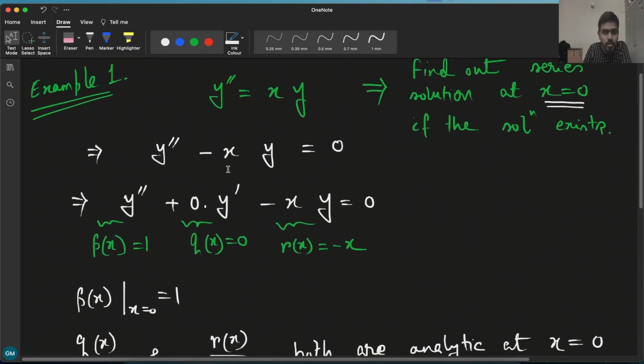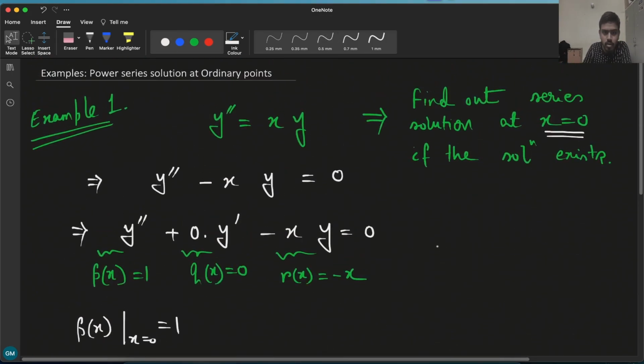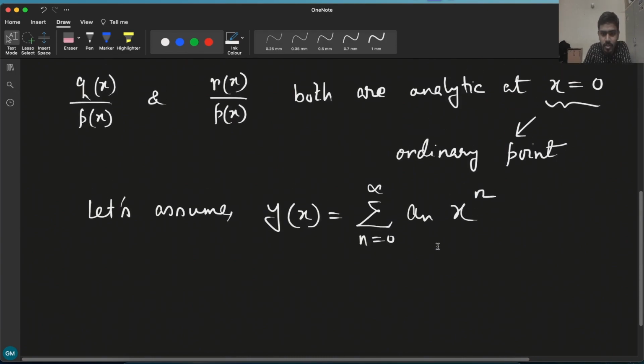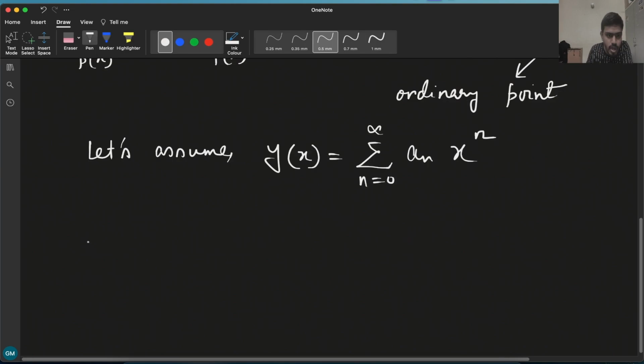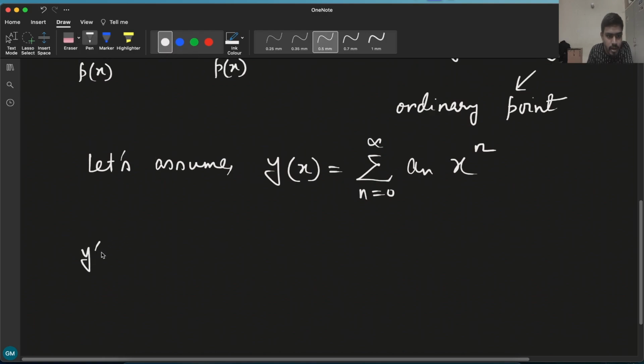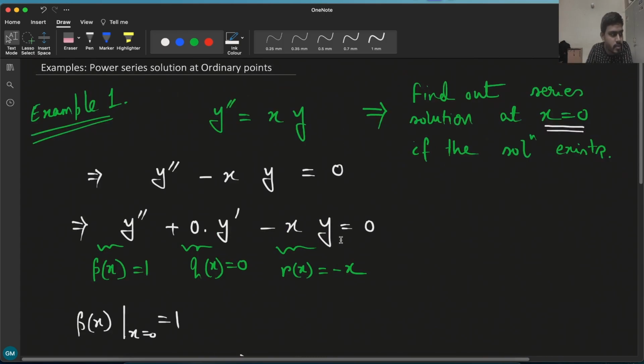Okay, so this y we already have, right? So y(x) equals this, so that means y dash (x) will be the sum over n equals 0 to infinity of n a n x to the power n minus 1, right?